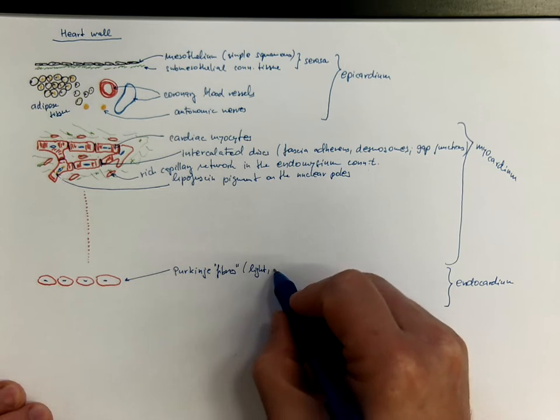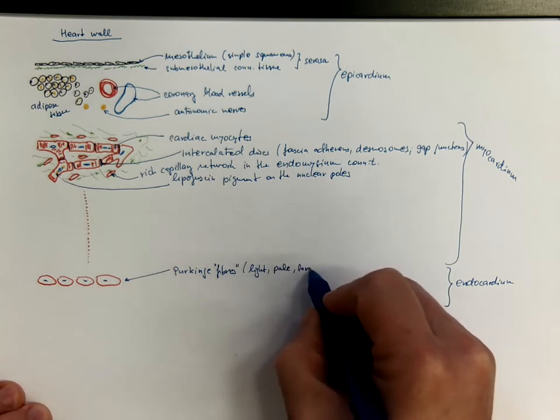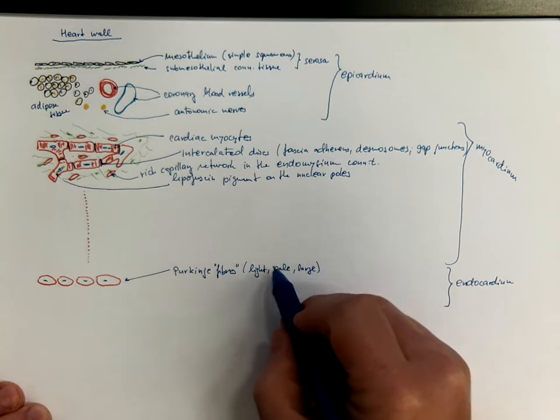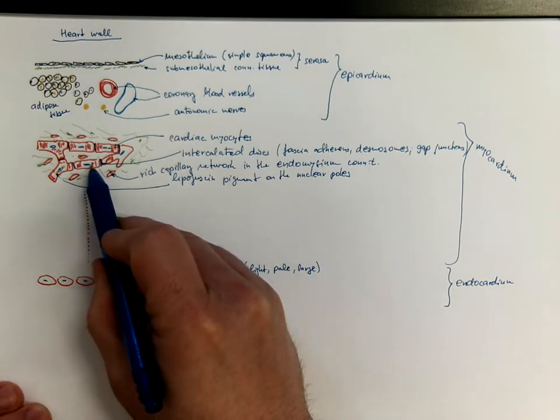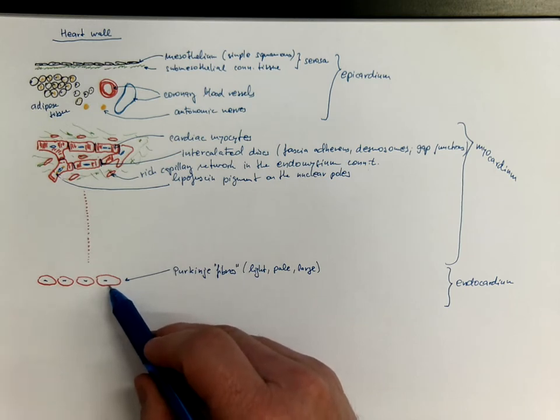They are light and pale and large. They are paler than the working cardiac myocytes because they are not specialized to generate mechanical force, but they are specialized for distributing the action potential in the ventricles.